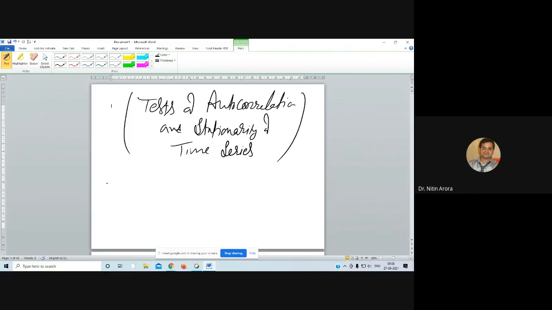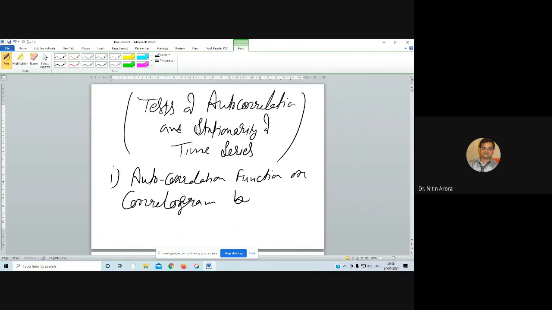They are classified into two categories. The very first is autocorrelation function or correlogram based testing.